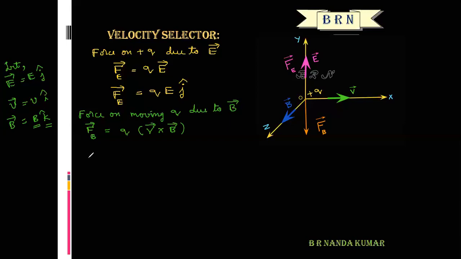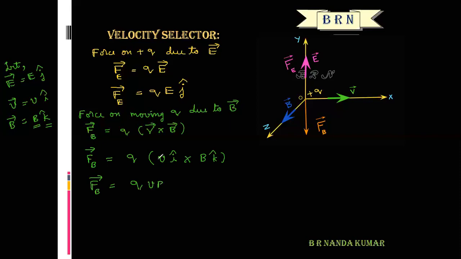So now this equation can also be written in the form of FB vector is equal to Q of V vector, that can be written in the form of V into I cap, right? V vector is V into I cap cross B vector is B into K cap. So FB vector is equal to QVB.